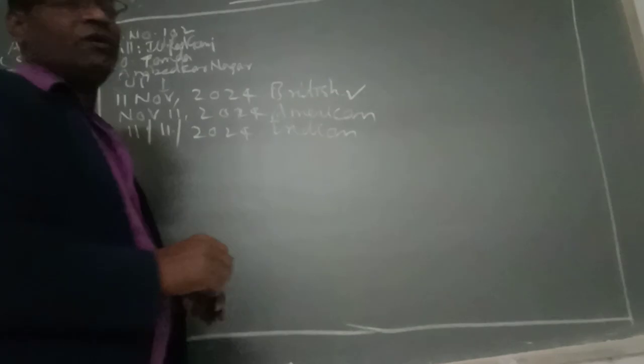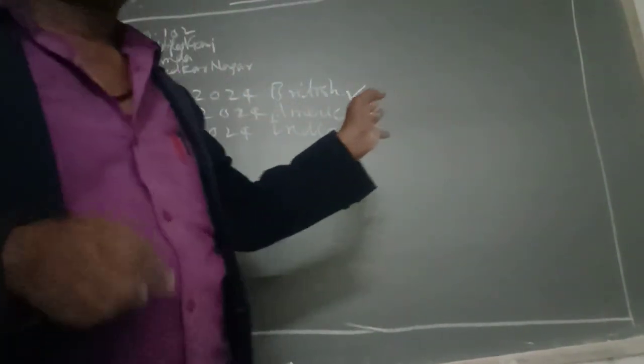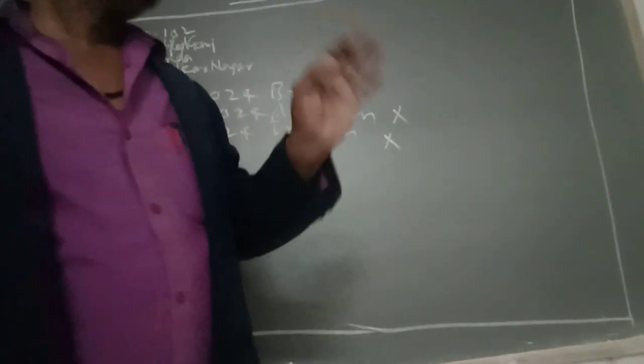So you have to write only 1. Keep in mind, not all 3. So don't write 3. Only 1 is correct, but the most common is the British, that is 11 November 2024. Clear? So this is the date.